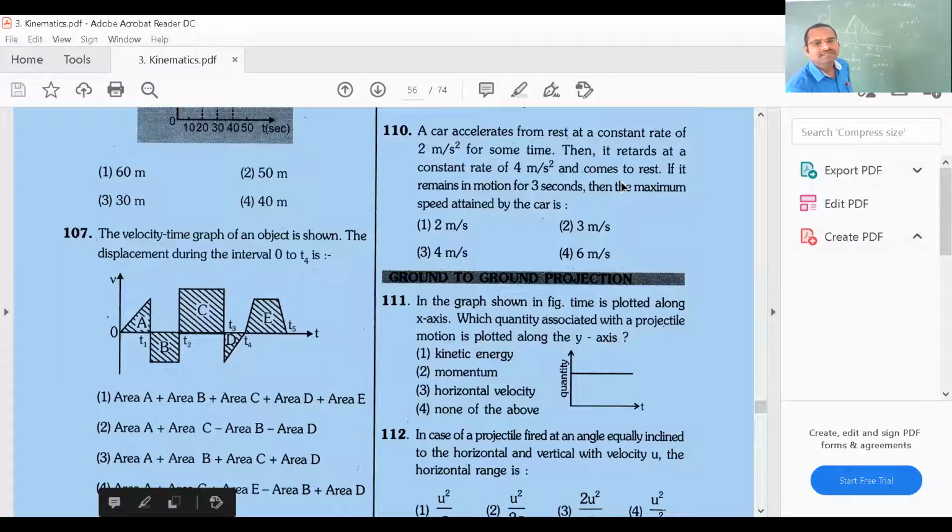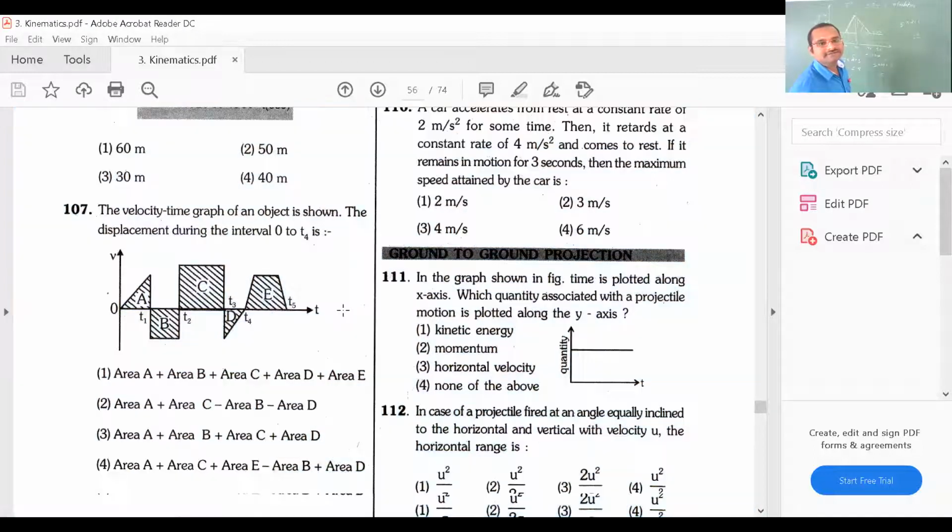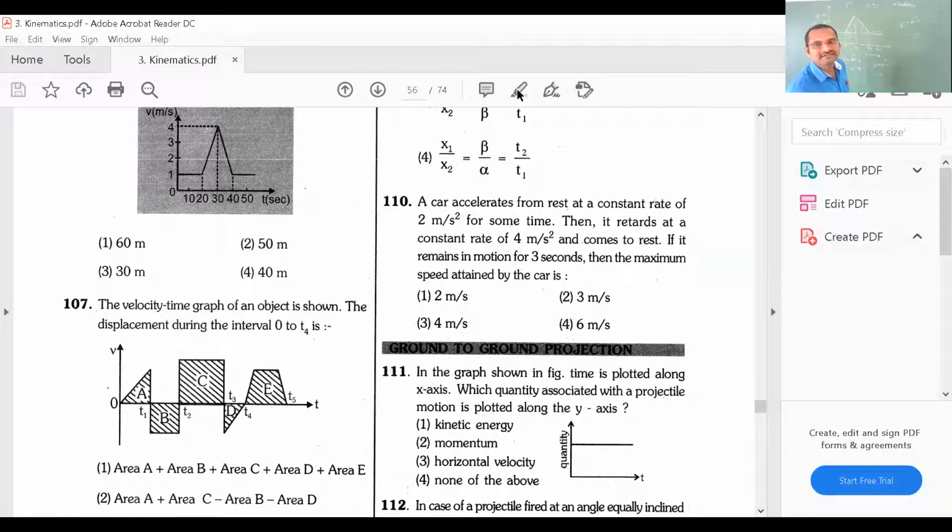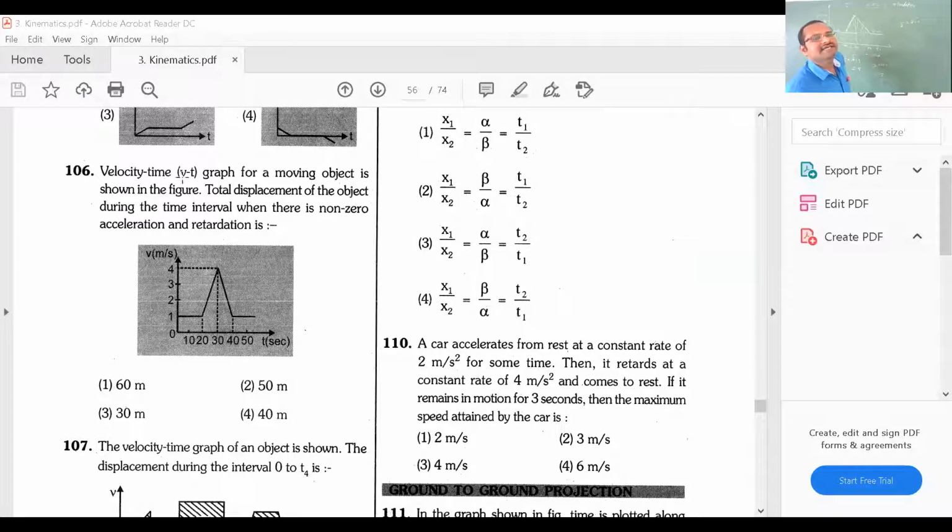Sir, the rectangle below the triangle is also considered. Why? Wait. See, the velocity time graph for a moving object is shown in the figure. Total displacement of the object during the time interval when there is non-zero acceleration and retardation.